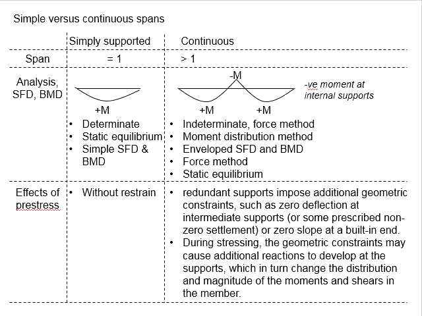Bear in mind that when we do the analysis for the continuous member, there will be a series of load combinations under different configurations of the maximum and minimum loads. From there, you need to develop the envelope shear force diagram and bending moment diagram in order to find the most critical loads applied onto the member.